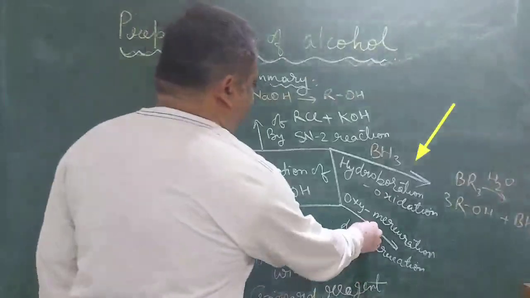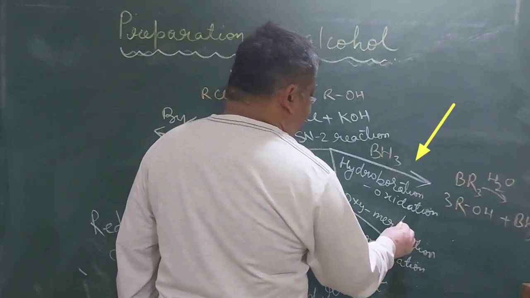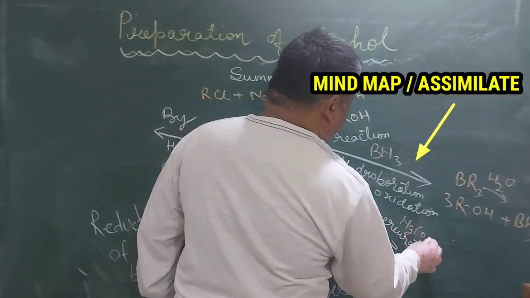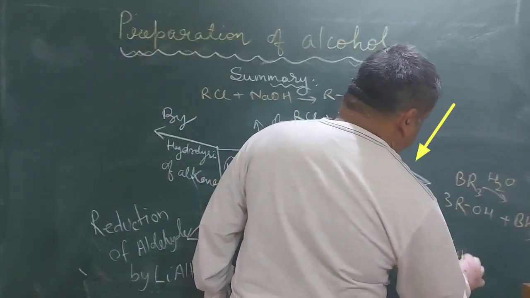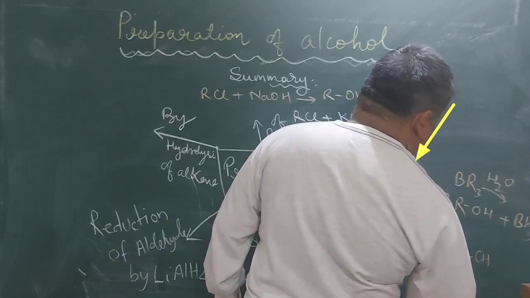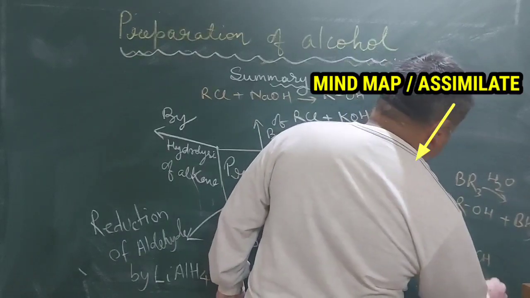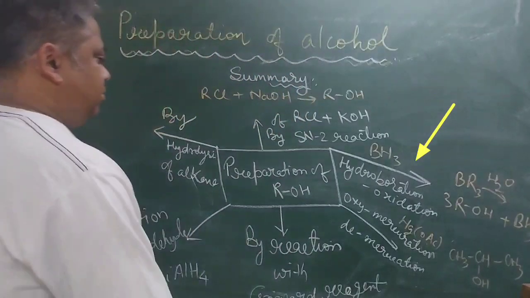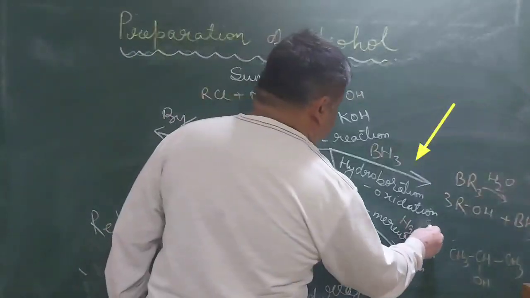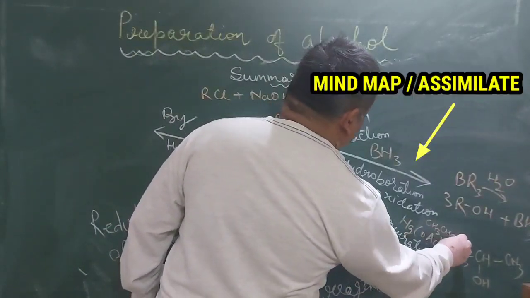With this what did we see? We used mercuric acetate, HgOAc, and it was forming CH3COHCH3 if it was meant to react with CH3CH double bond CH2.